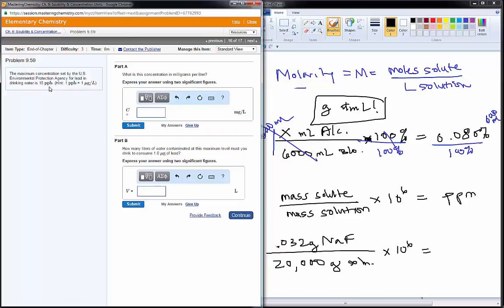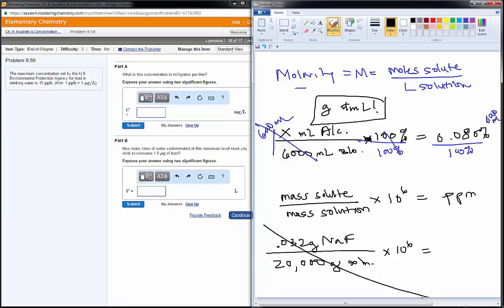Now we've got parts per billion. To do that, we just multiply it by 10 to the 9th to get parts per billion instead of 10 to the 6th. So here we go.